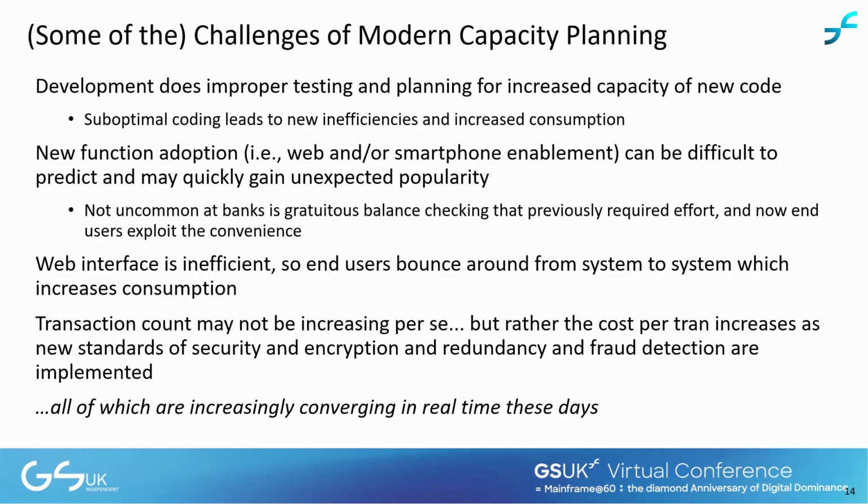This is because new standards get rolled out, either mandated or self-imposed, to try to avoid security breaches. So there's higher degrees of encryption and redundancy and fraud detection built in, and your existing transactions have greater heft. That too is difficult to gauge years ahead of time when you're buying a machine that you're going to hang on to for several years.